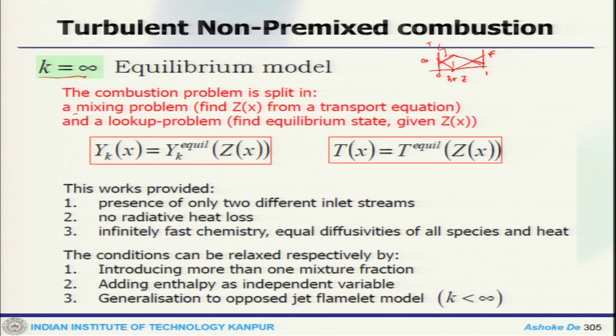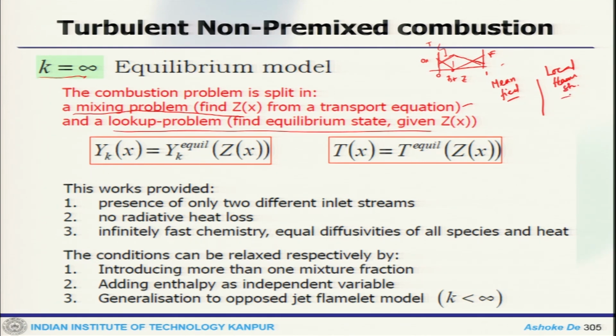First one is the mixing problem of Z, where Z and variance, the transport equation is solved, and second is the lookup problem from equilibrium state given Z. That means this local flame calculation, one is the mean field calculation and the other is the local flame structure calculation.